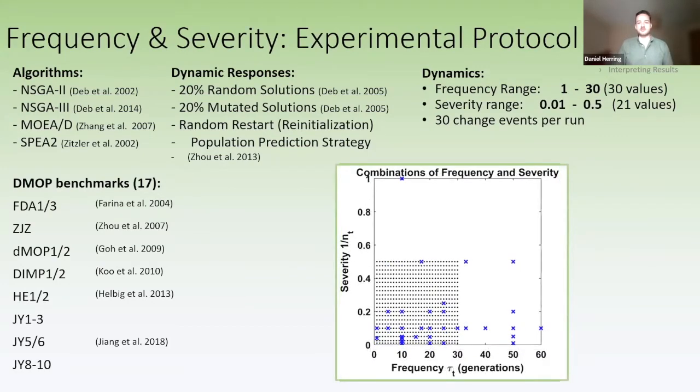Within each run of an algorithm, the performance is measured as the hypervolume difference, meaning the error between the optimal obtainable hypervolume and that achieved by the algorithm at the end of each dynamic interval, and then averaged over every interval in the problem. A total of 30 changes are employed in every instance and 5 repetitions for each instance.